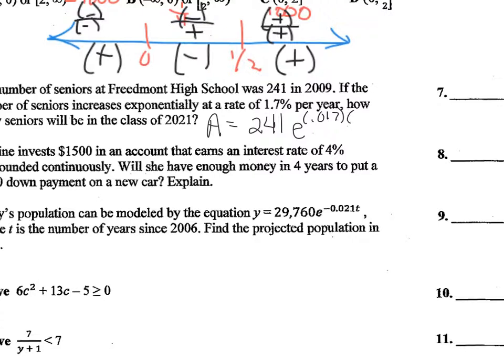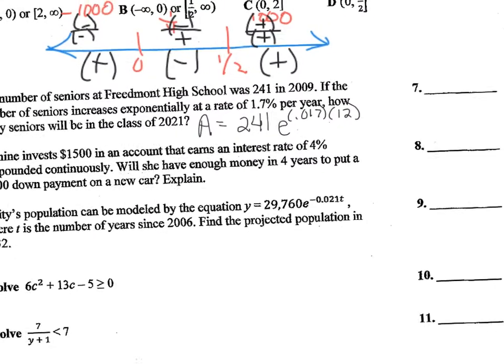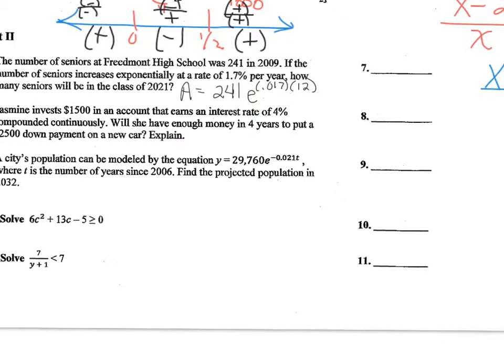That would be 12 years. So when you put that into the calculator, that would give you how many students? 296, and since these are people, it's to the whole number.